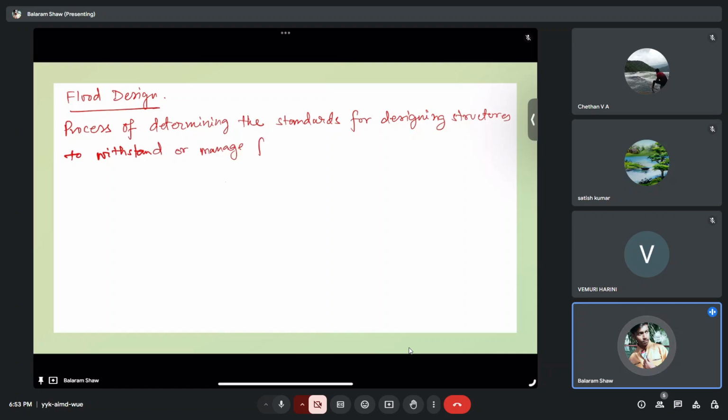To manage flood events, what kind of structures do we have? We have dams, reservoirs, levees, and so on. So what is design flood? Design flood means the maximum flood that any structure which we have built can safely handle.